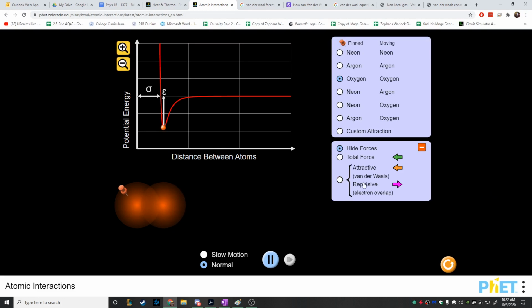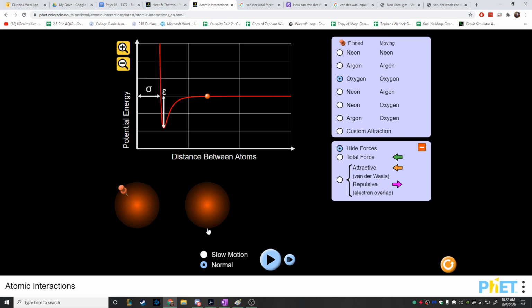I don't want to show all these forces, but the two forces that you have, the repulsive forces, come from electron overlap. This is sometimes called electron degeneracy pressure. It's the idea that on the outside of this atom you've got electrons, and the same thing over here.